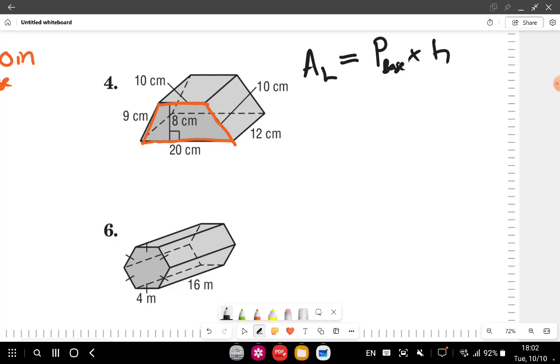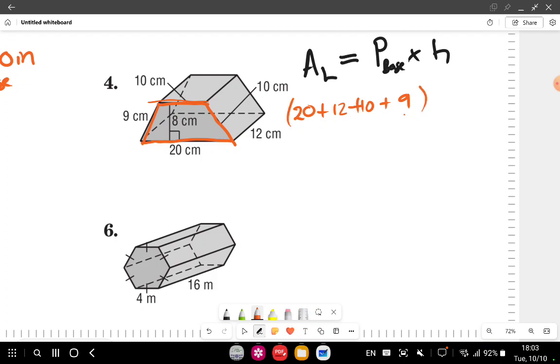So what's going to happen in this instance? We are going to say the perimeter of the base is going to be 20 plus 12 plus 10 plus 9.